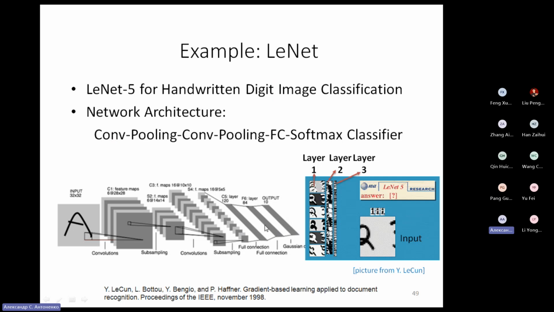So let's see LeNet. It works on this MNIST database that we see. In the MNIST database, we have input of 32 by 32 pixels and 1 channel, not 3 channels, because it's black and white, not a color image.